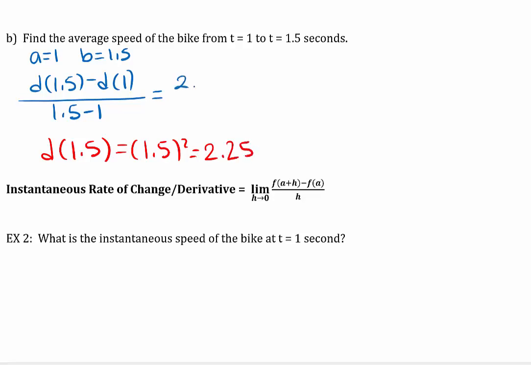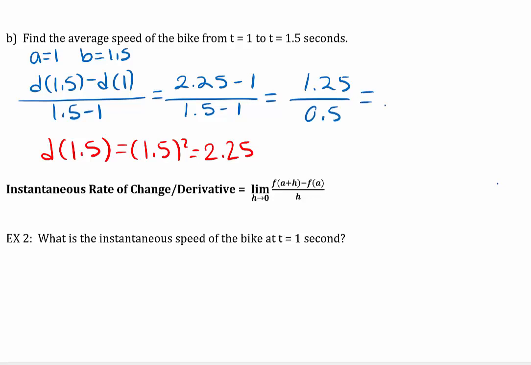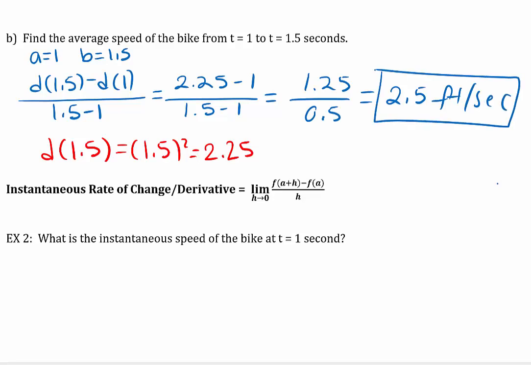So change in y is 2.25 minus 1, change in x, 1.5 minus 1, or 1.25 divided by 0.5, that turns into 2.5 feet per second. So that's my average rate of change, or average speed, from t equals 1 to t equals 1.5 seconds.